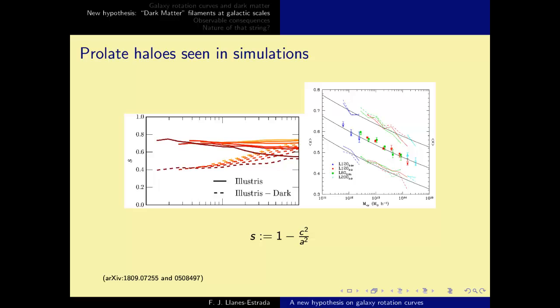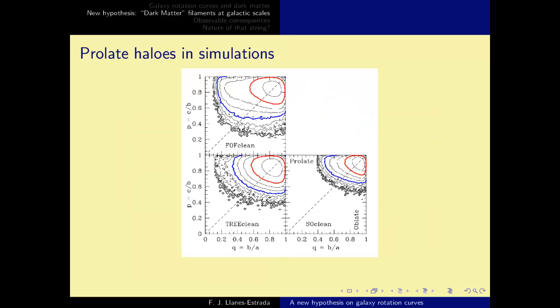The graph on the right shows that even the mass dependence can be extracted, checking out how this S parameter varies from light to heavy halos. And this last graph, with the distribution of halos among prolate or oblate in the Millennium simulation, shows a definite preference for prolate halos. There is no shortage of them.